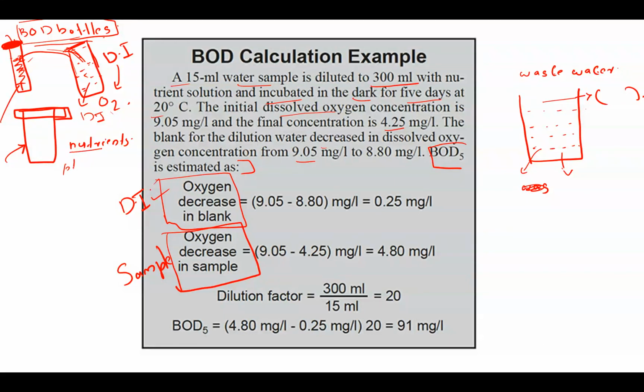For example, you can give phosphate, then magnesium sulfate, calcium chloride, these types of things you can give. And you are providing a possible condition for the microbial growth.